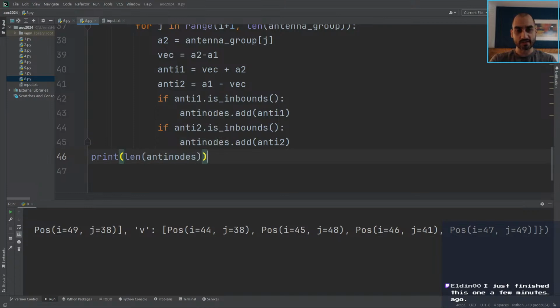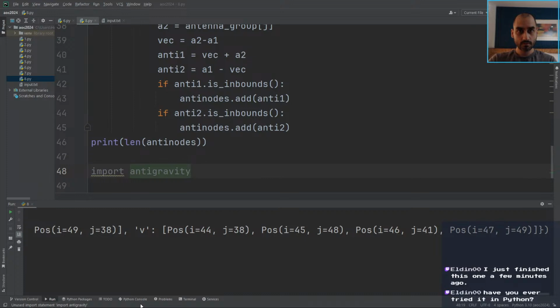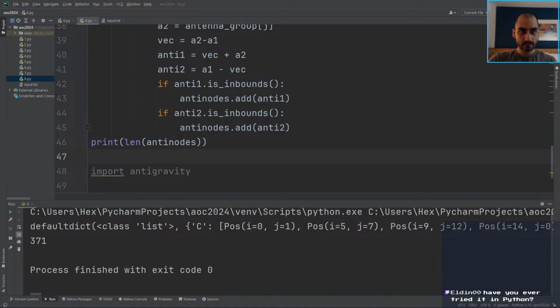Anti-gravity. Oh my god, was that XKCD joke from like decades ago? Import anti-gravity. Look this up in the doc. Have you ever tried it in Python? Well, let's try running it now. It opens up the XKCD comic in the browser. Hang on, let me do that again.